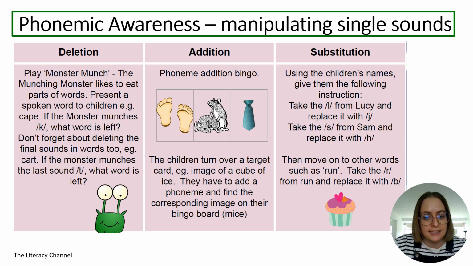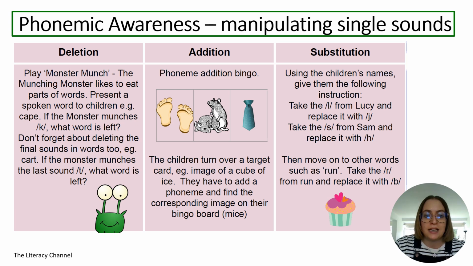Manipulating single sounds, there's deletion as well. Games like Monster Munch are really useful. So if a monster munches the t in cart, what word is left? Then in the middle column we've got addition.